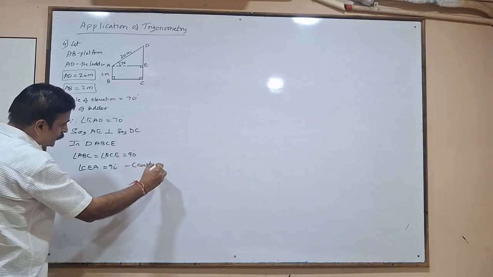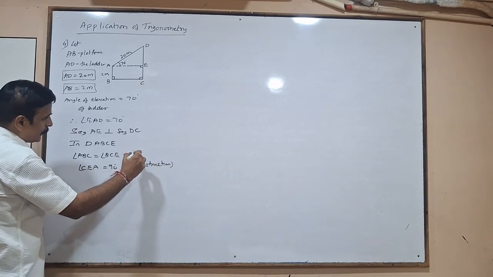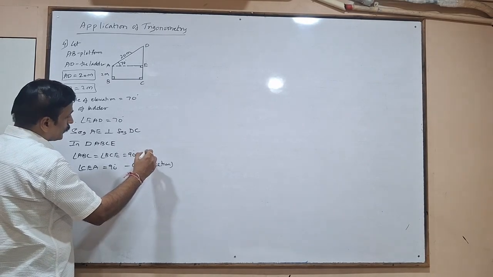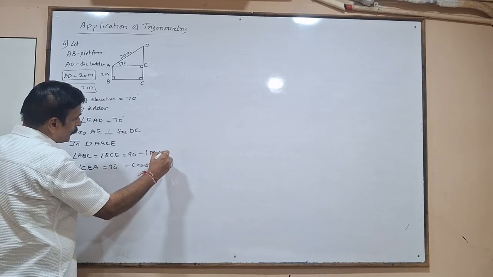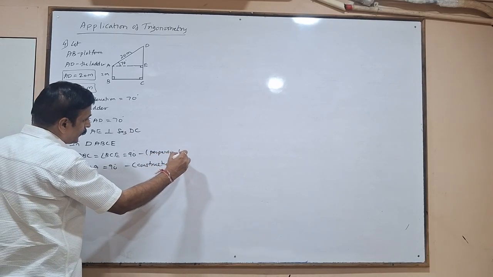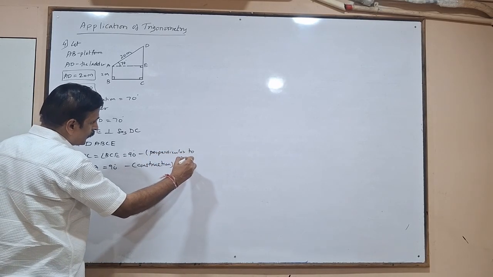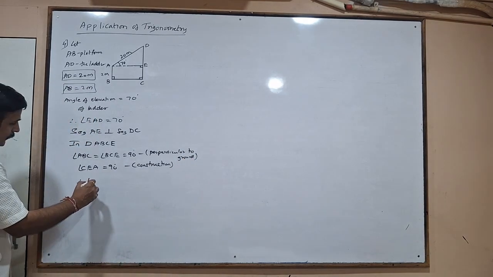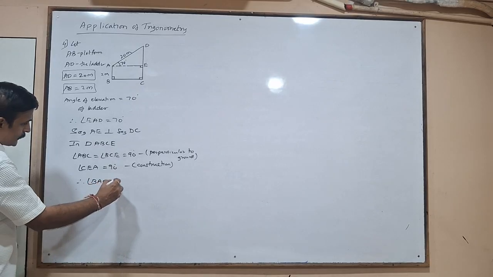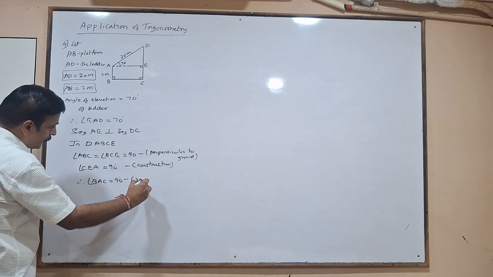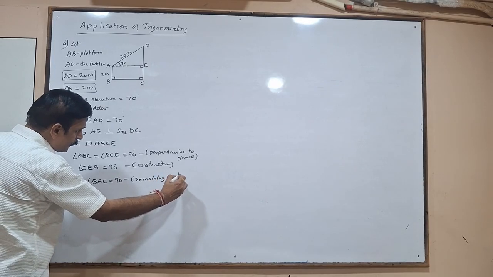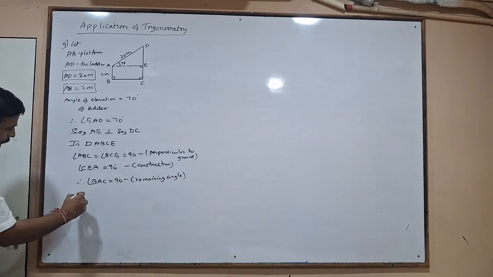This is construction, this is perpendicular to ground. Therefore angle BAC is equal to 90 degree, which is remaining angle.